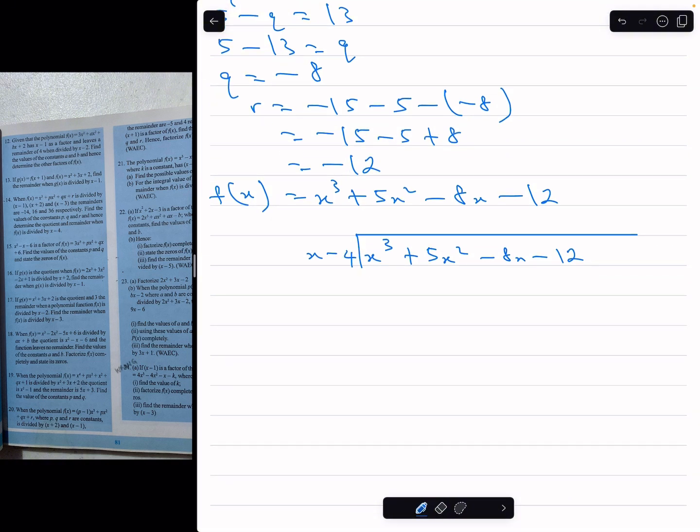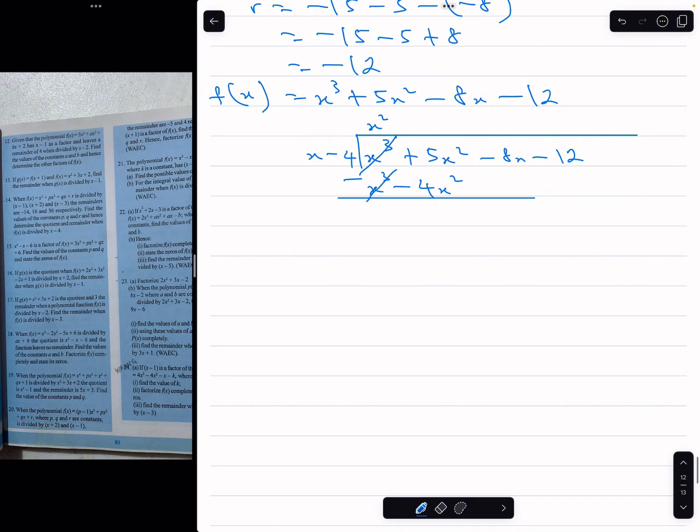Now x cubed divided by x, that's x squared. When we multiply, x times x squared is x cubed, minus 4 times x squared, that's minus 4x squared. We subtract now. X cubed cancels x cubed. 5x squared minus 4x squared, that's 9x squared. We bring down the next term, which is minus 8x.